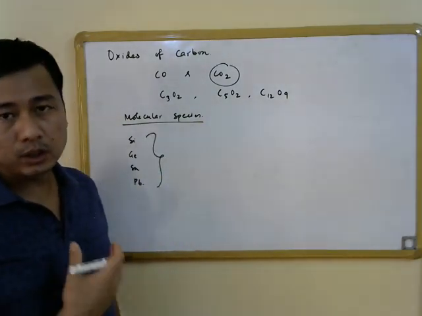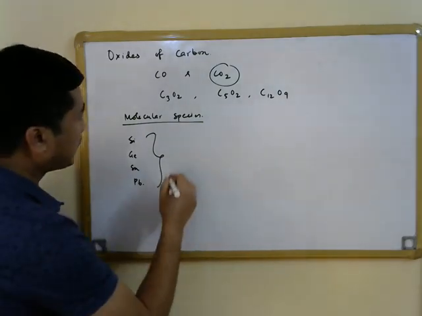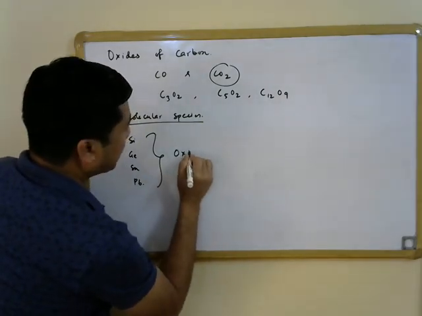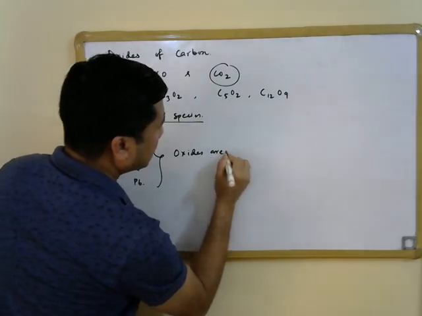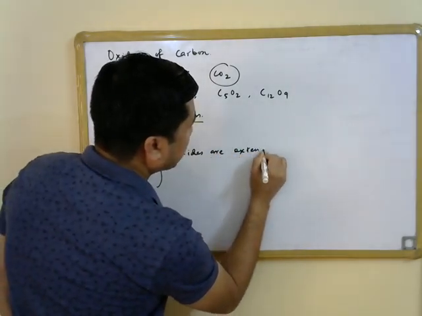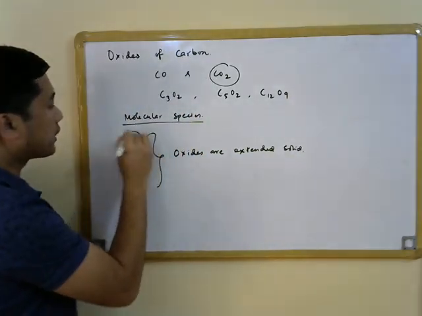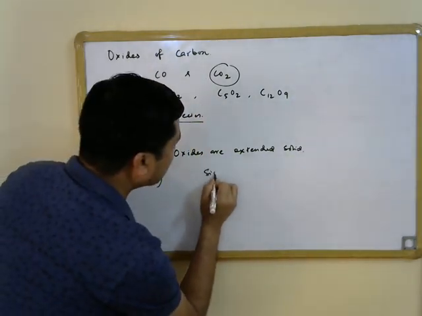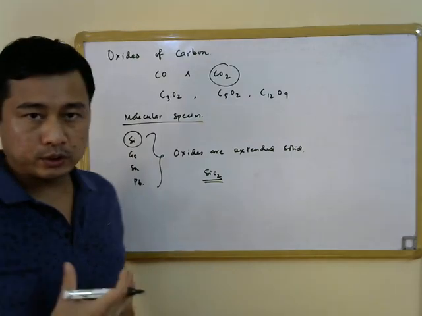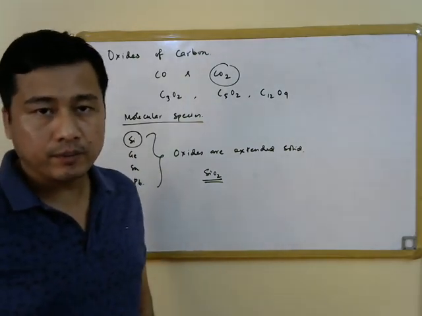These oxides are extended solids. For example, the oxide of silicon, SiO2, we know is a solid which melts at very high temperature.